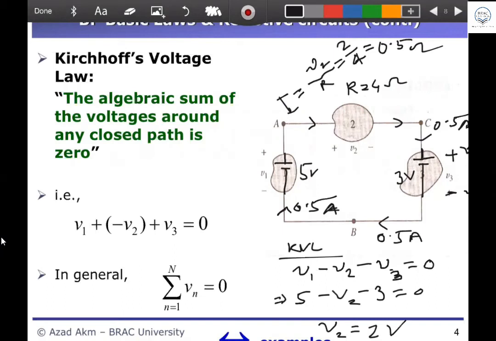Now, we are going to see one thing here. All of you look at it carefully. That is called power conservation.